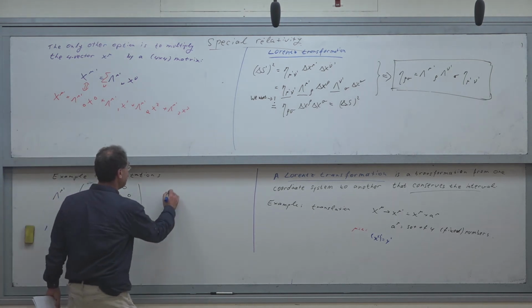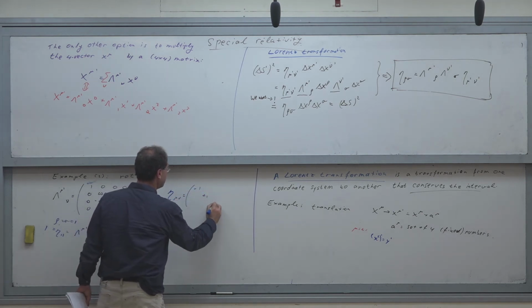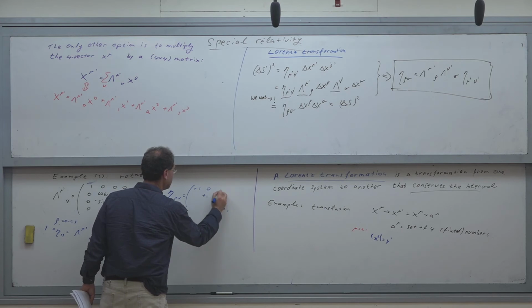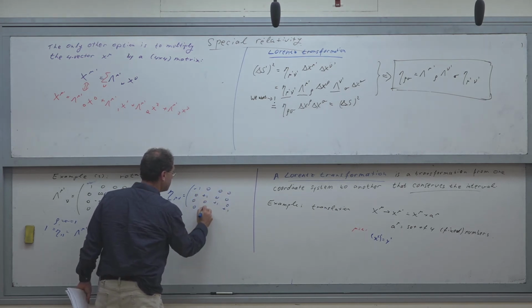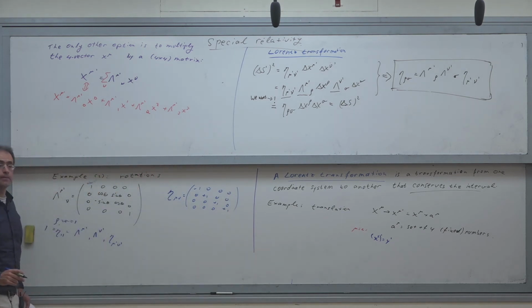Now remember eta mu nu was just minus 1, plus 1, plus 1, plus 1. So eta 1, 1 would be negative 1. Did I miss something at the left of eta 1, 1? It is equal to minus 1. Why minus 1?